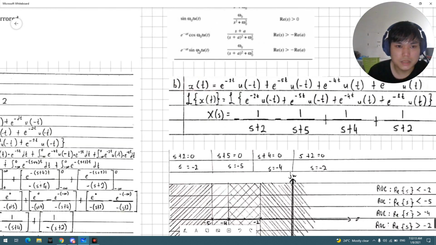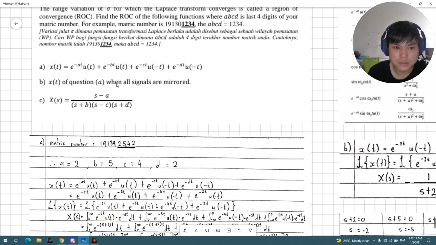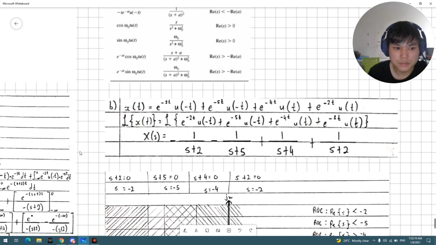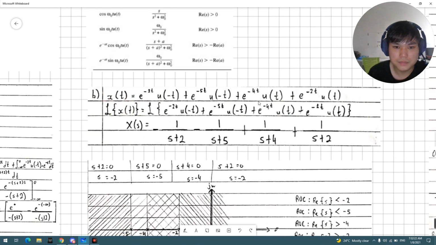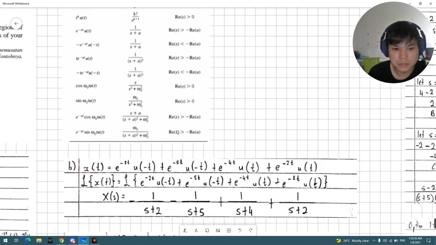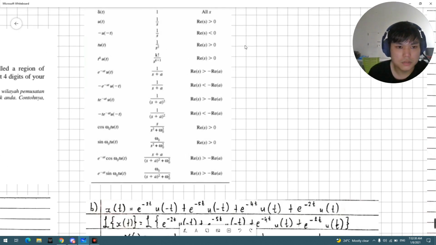The next one, B, is the same as the previous question, but only the time domain is mirrored, so it's mirrored from the previous line. In this method, I'm using the table. Exponent negative 2t, we refer to the table, exponent negative at, and here we substitute the value.